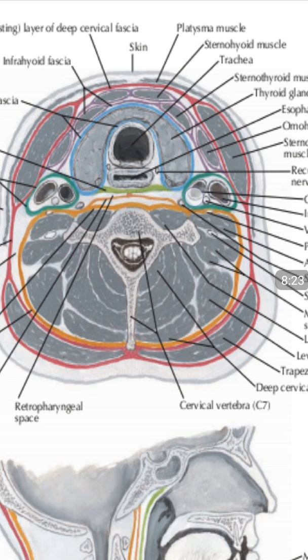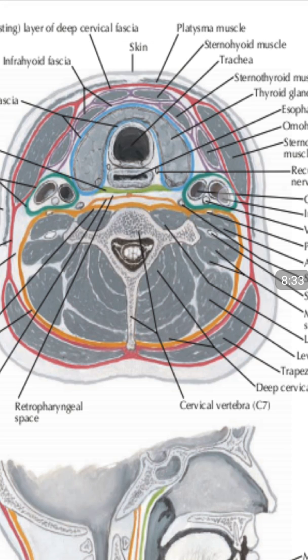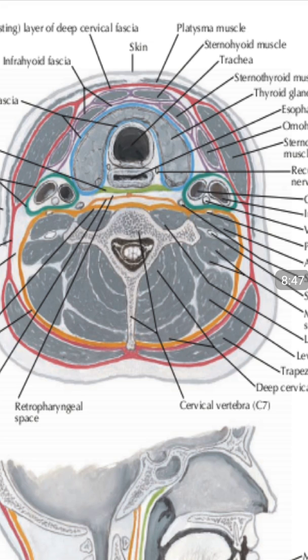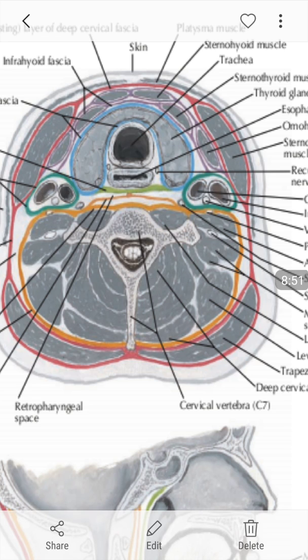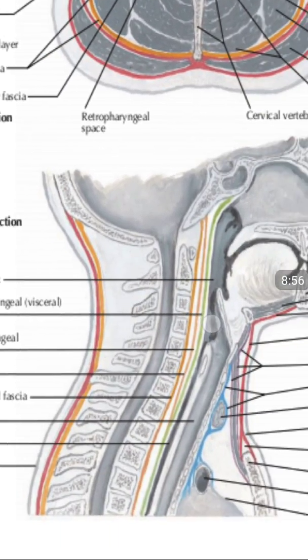Here anteromedially we have the internal carotid artery and common carotid artery, whereas anterolaterally we have the internal jugular vein, and between these two structures there is a small gap where the vagus nerve lies. So we have some lymph nodes beside these structures as contents of the carotid sheath.